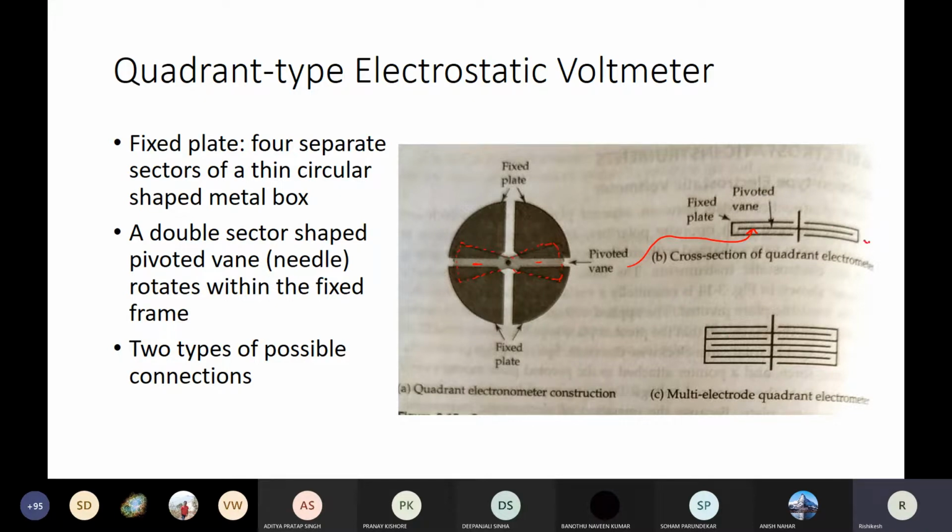This is one pair, and you can attach multiple ones, but remember the rotating axis is the same for all, so they are attached together and will move together within this metal box. I hope it is visible clearly.